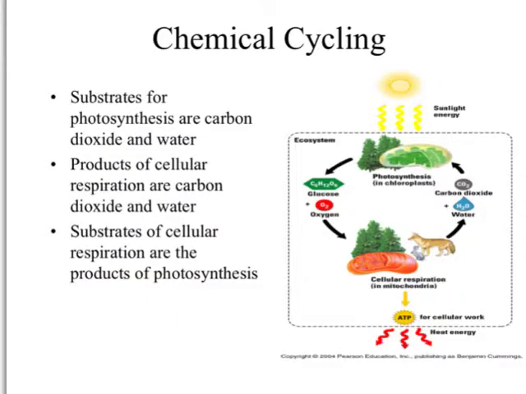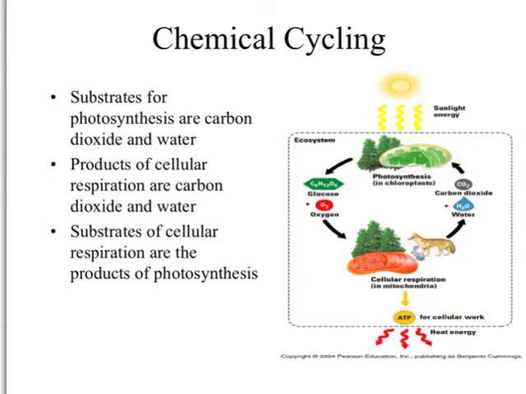So in nature, it's this big cycle of organic and inorganic molecules from autotrophs that are using them in order to make glucose and food for the heterotrophs that are breaking down those molecules for energy and cycling them back to the autotrophs.